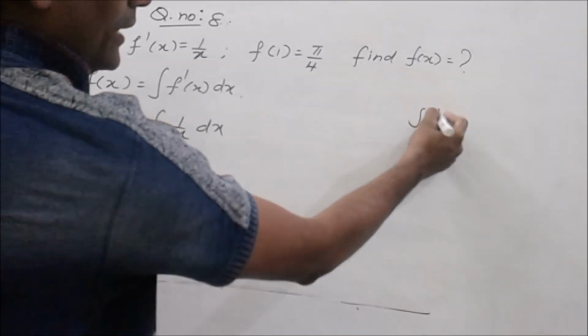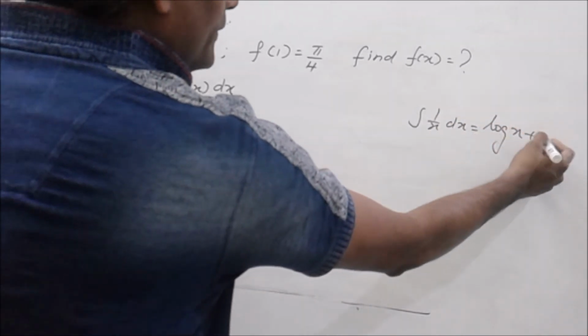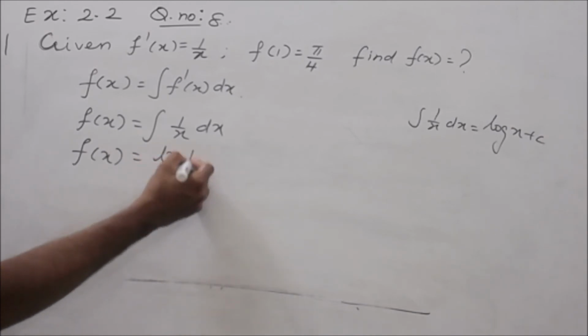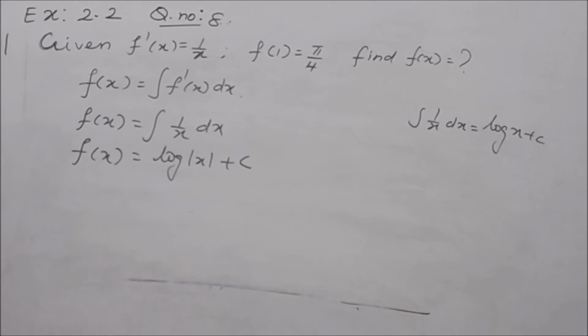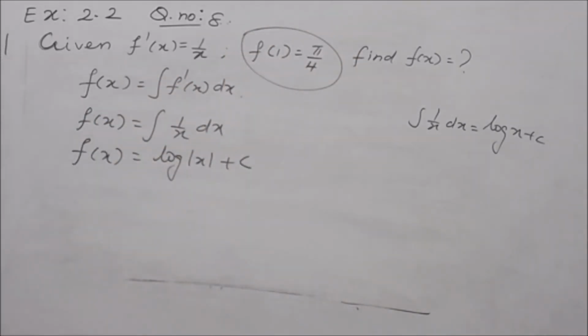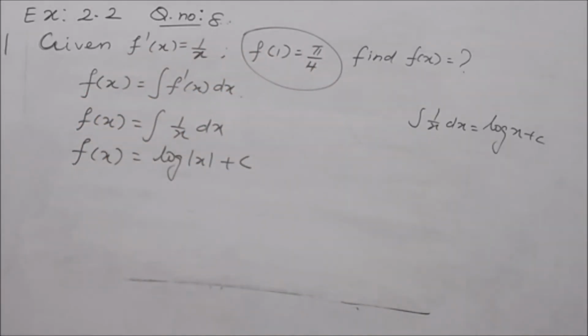The integral of 1 by x dx equals log of modulus x plus c, where c is the constant of integration. Given one more piece of information, f(1) equals pi by 4. When x is equal to 1, the function yields the value pi by 4.